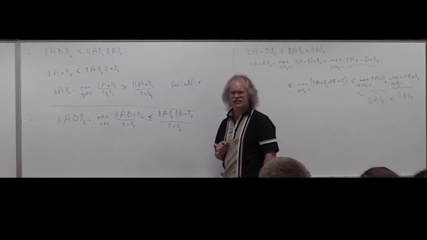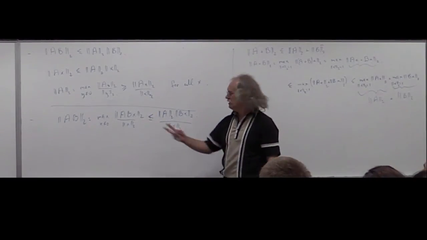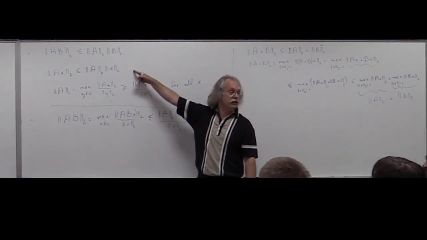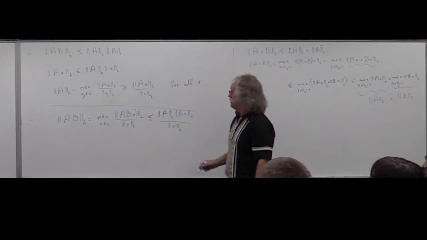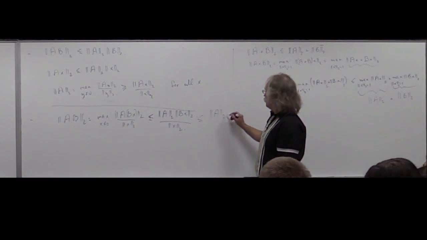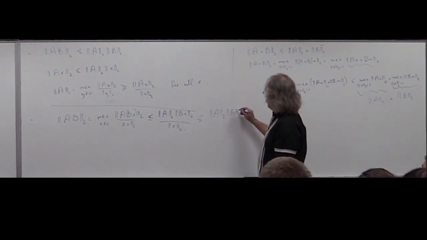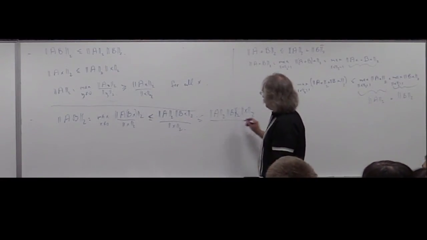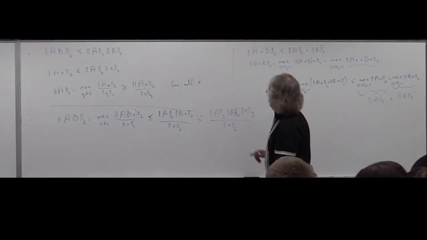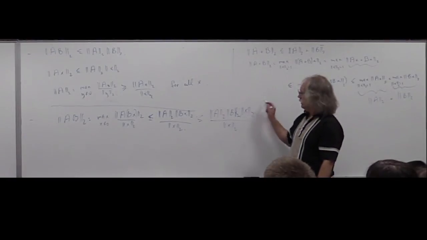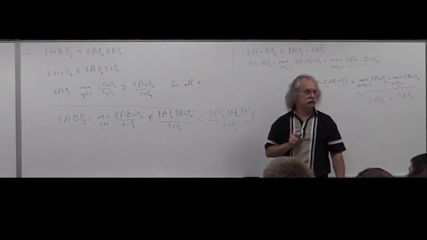Why is that? B times x is a vector, and therefore we can invoke this result right here. And then that is bounded by the 2 norm of A times the 2 norm of B times the 2 norm of x over the norm of x. Again, invoking that result, and then you cancel that against that, and you're done.